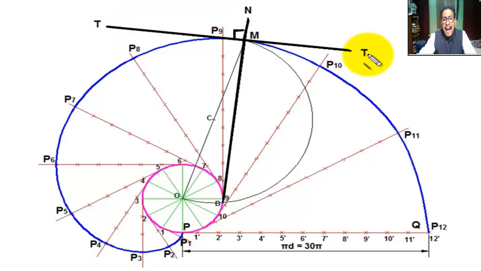This is perpendicular, marked as T and T dash. This T T dash is the tangent of the involute curve at point M. Okay. Is it clear, my student?